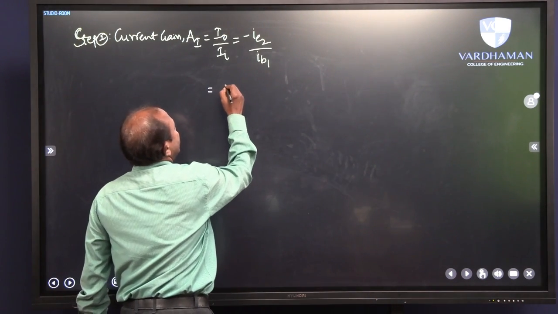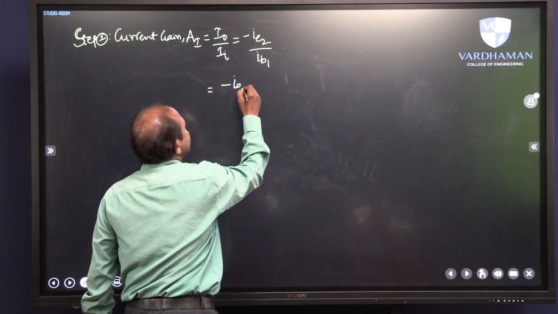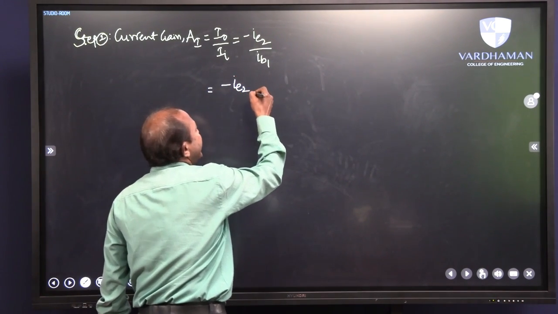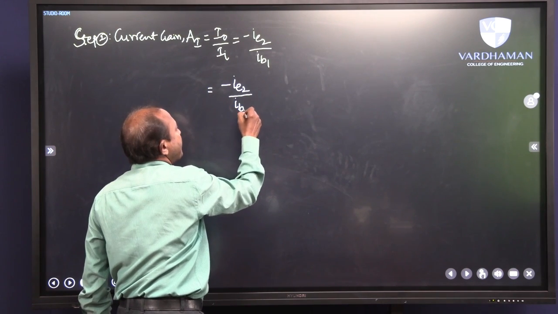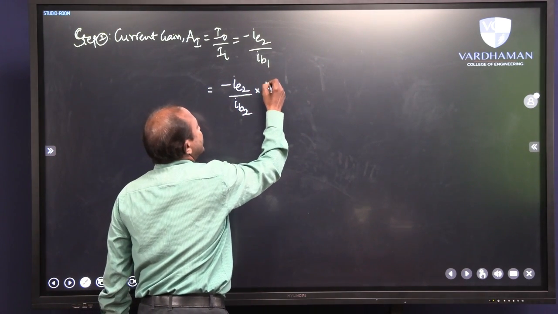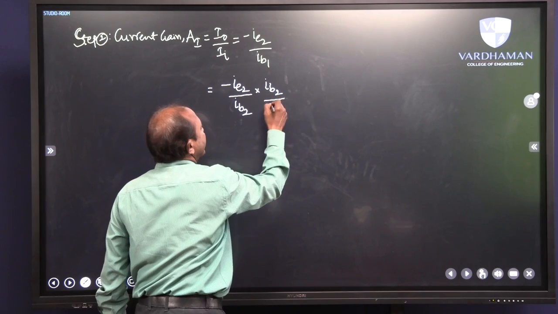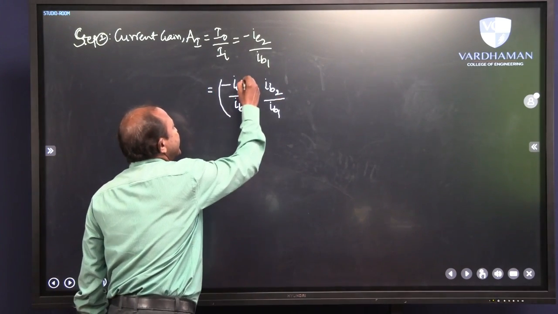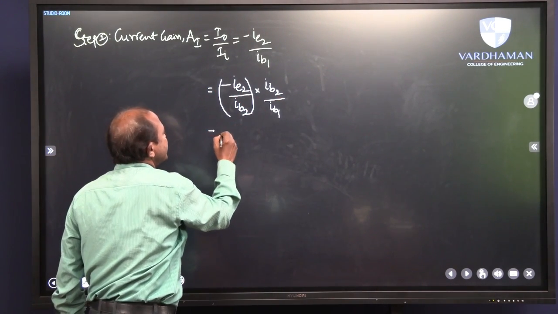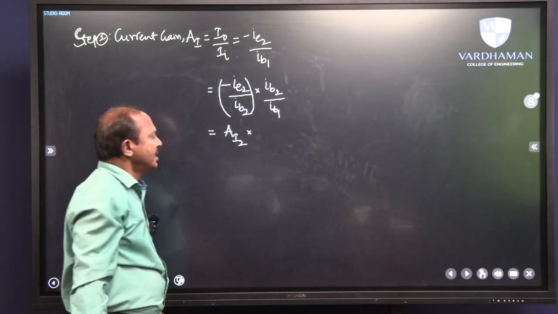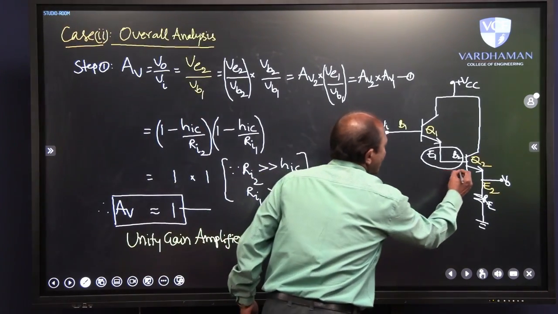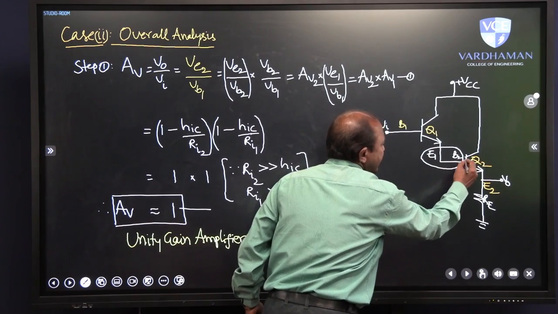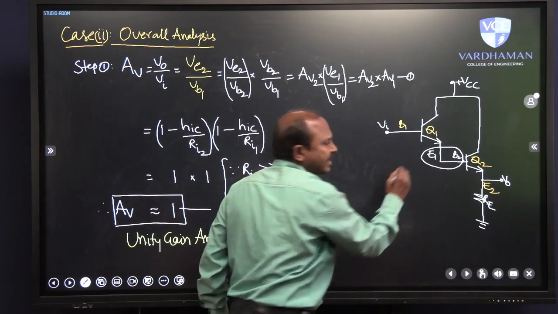You keep minus IE2 as it is, and then divide and multiply this equation with IB2, into IB2 by IB1. Then simply we can say, minus IE2 by IB2 is AI2, into, then if you look at the circuit again, IB2, the base current of the second transistor, is nothing but the emitter current of the first transistor.